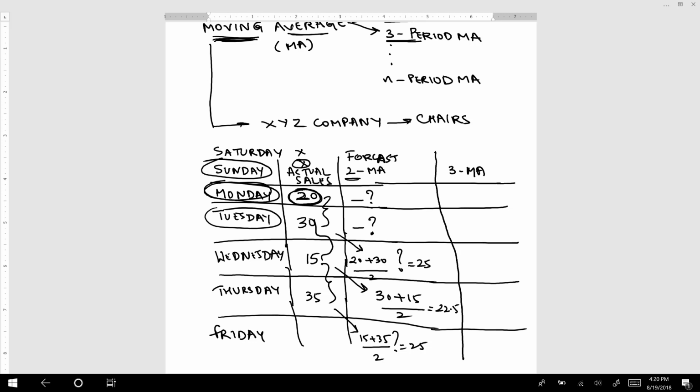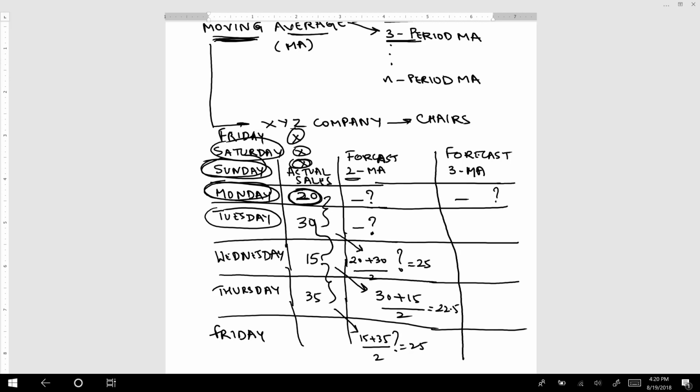So this is our forecast. To calculate Monday, we need Sunday's actual value, which we don't have. Saturday's actual value, we don't have. And because it's a 3-period, we need Friday also, which we don't have.